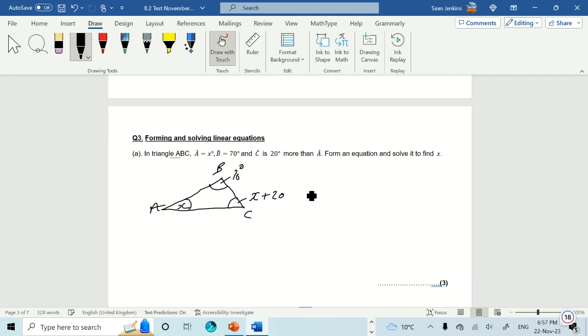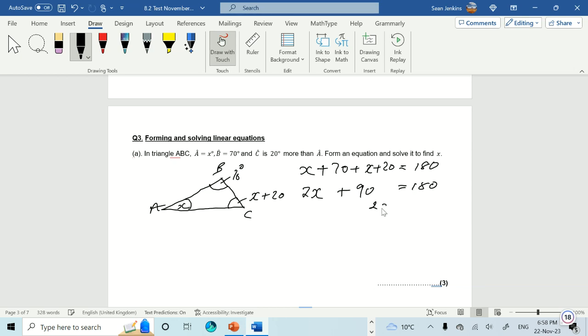Now, we know that the sum of the angles in a triangle add up to 180 degrees, so let's write that out. So I've got x plus 70 plus x plus 20 is equal to 180. Now, get together everything. 2x plus 90 equals 180.